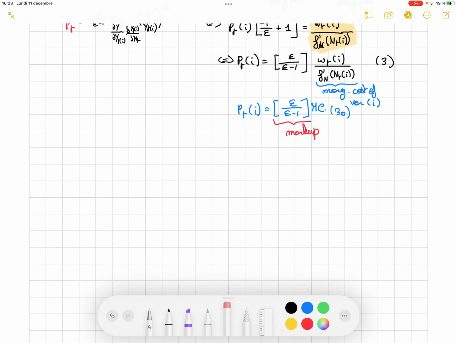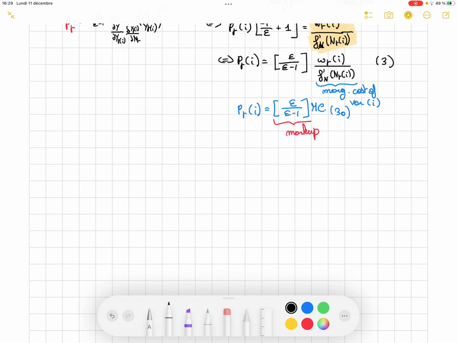So here we have our equation for the price of the individual firm. It will be the same equation, as we will show, as the one of the global price index of our economy.